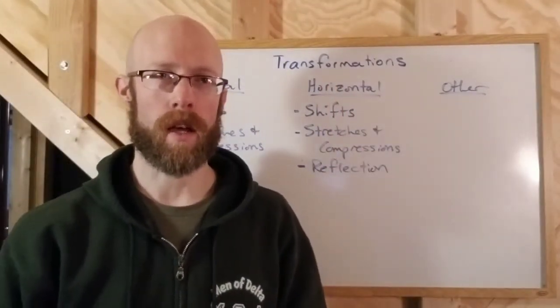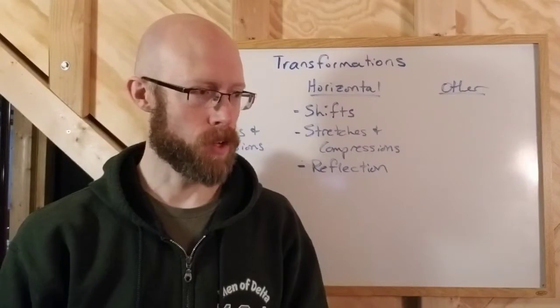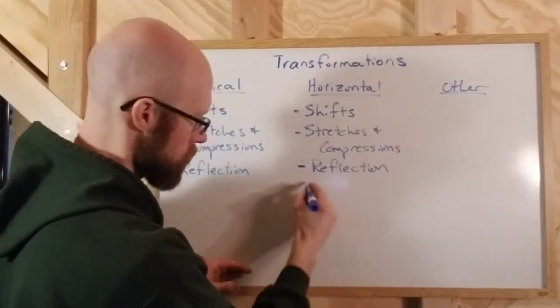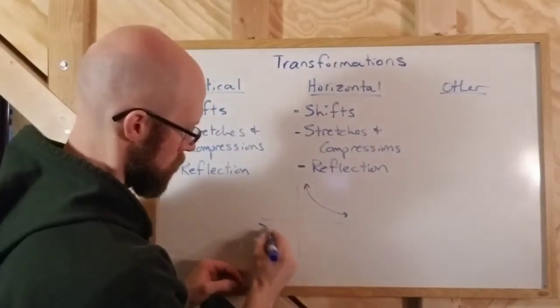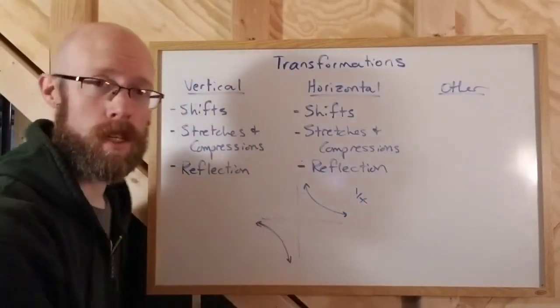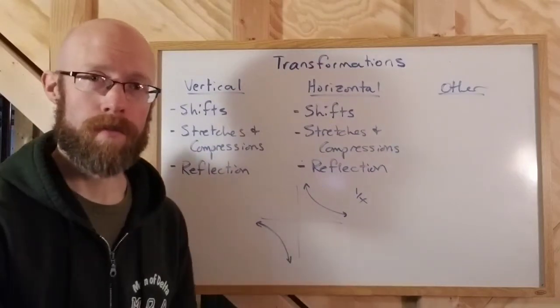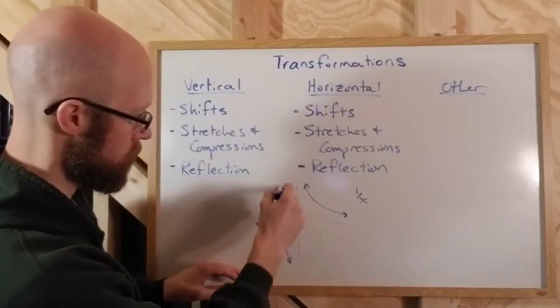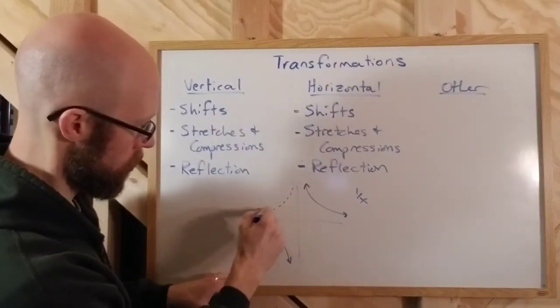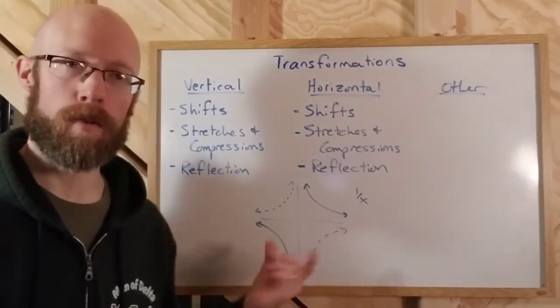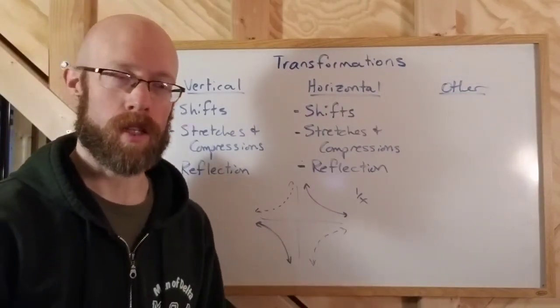You could take a graph like your reciprocal function, for instance. Your reciprocal 1 over x function looks like this. You could reflect it across the y-axis. So sort of spin it across the y-axis, you would get a graph in the second and fourth quadrants. That would be a horizontal reflection.